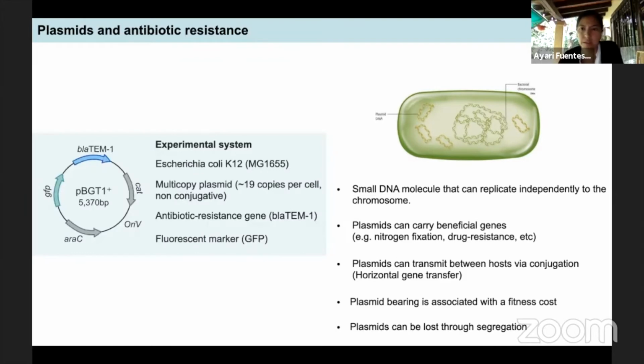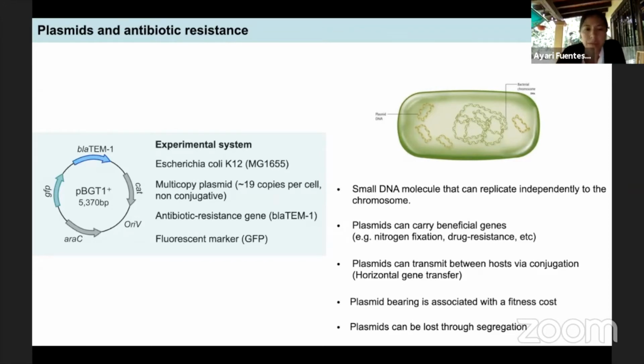And now the experimental system that we developed to research this is going to be a multi-copy plasmid, which is going to be on average 19 copies per cell. It's going to be non-conjugative, which means that it cannot transfer horizontally, and is going to stay within the host.